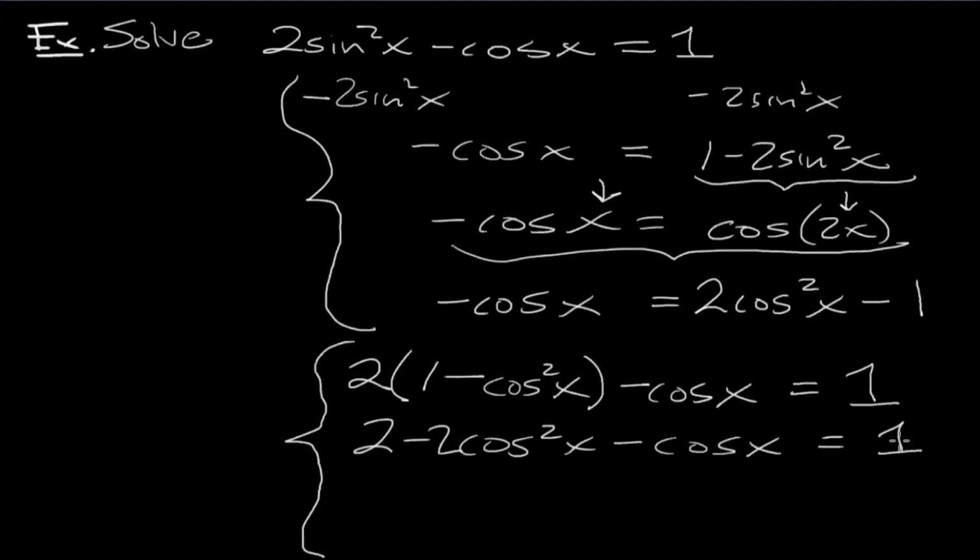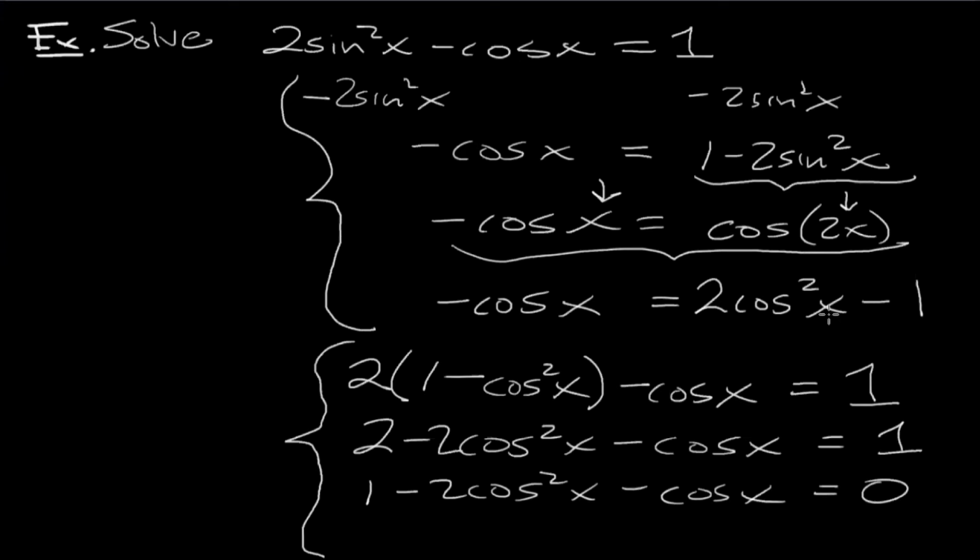well, I see that there's a 1 here. I'm going to subtract 1 from both sides, so I'd end up with 1 minus 2 cosine squared of x minus cosine of x. And that's probably not the best way to write this, but on the next page, I'm actually going to rewrite it. Notice that this and this are basically the same.